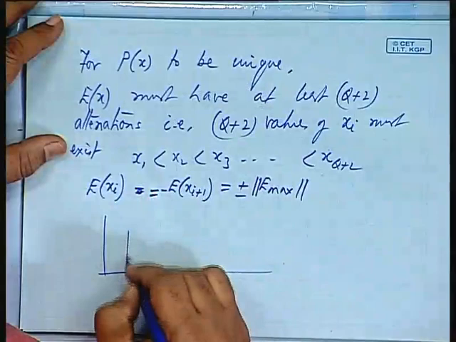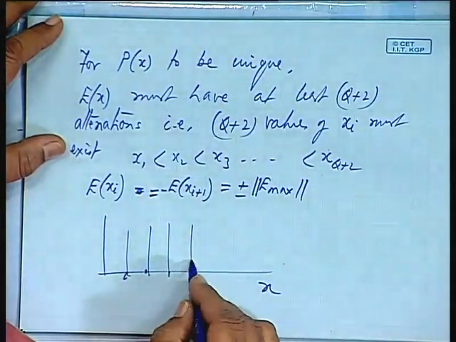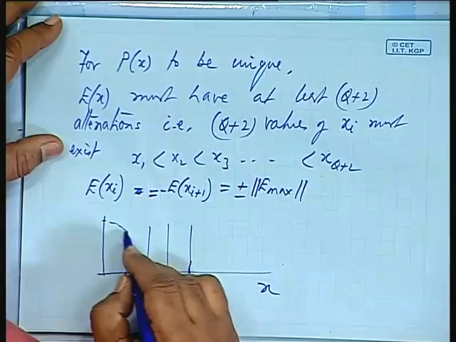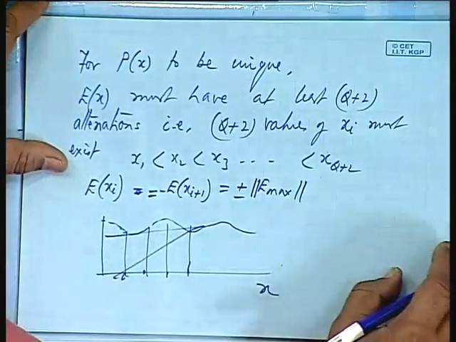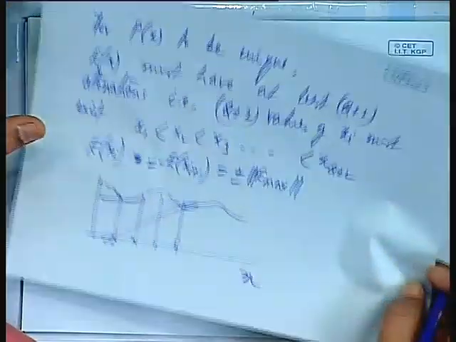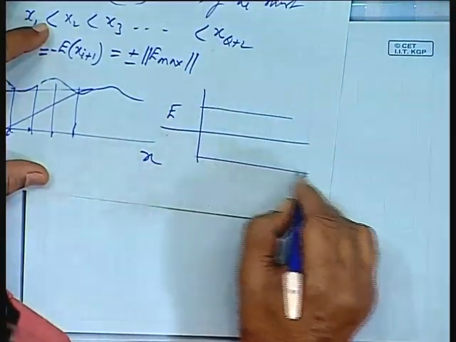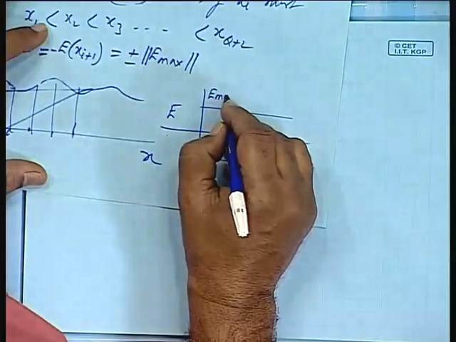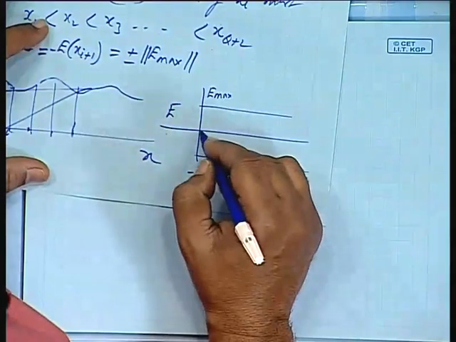You will have successive points x1, x2, x3, x4, where the function will be alternating, hitting the maximum value, plus maximum value or minus maximum value. That is the error function E. This is E max plus, E max minus.